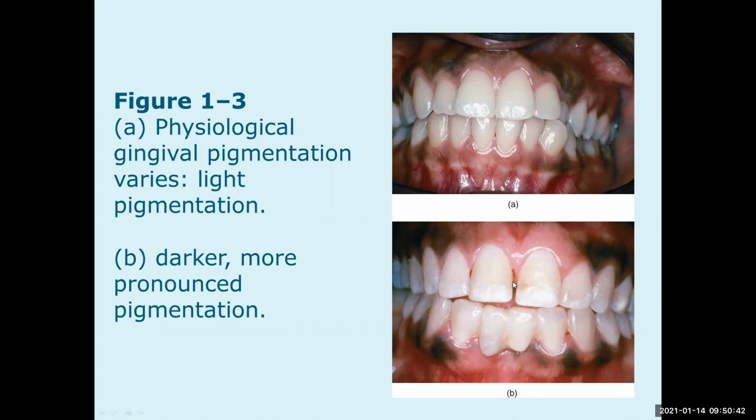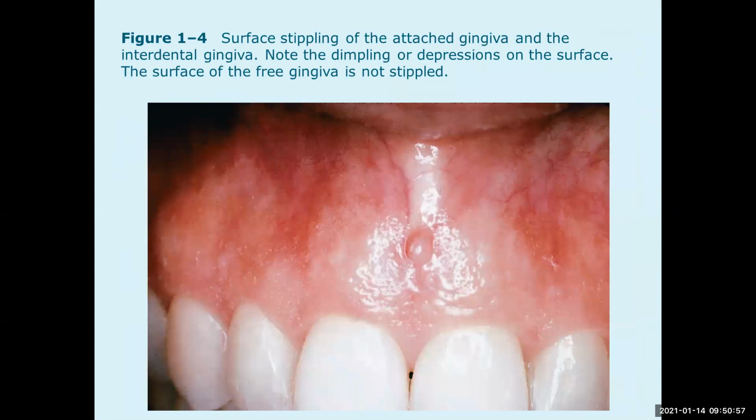The nice thing when you have physiologic pigmentation is look how that demarcation line just sticks out, right? So it's very prominent. Surface stippling. Not everybody has it, but it is a sign of health, that orange peel effect.